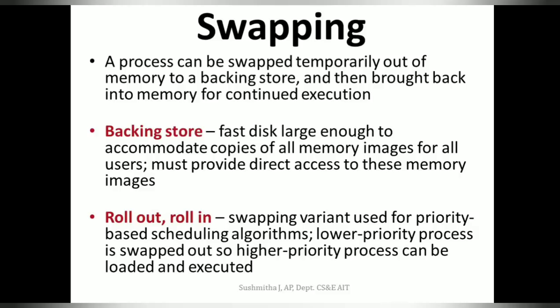The same thing can happen with memory as well. Context switching was the concept used on the CPU; swapping is the concept used on memory. For example, main memory is limited and can accommodate only a few processes.